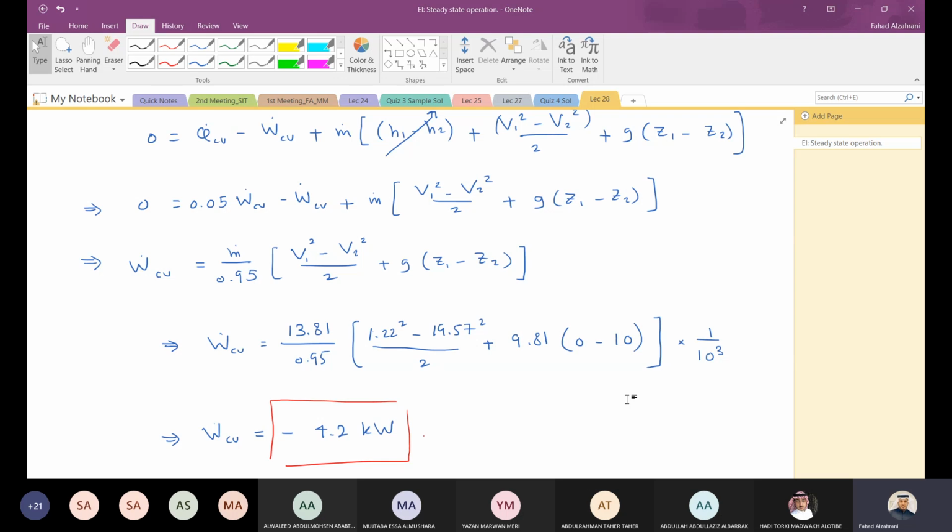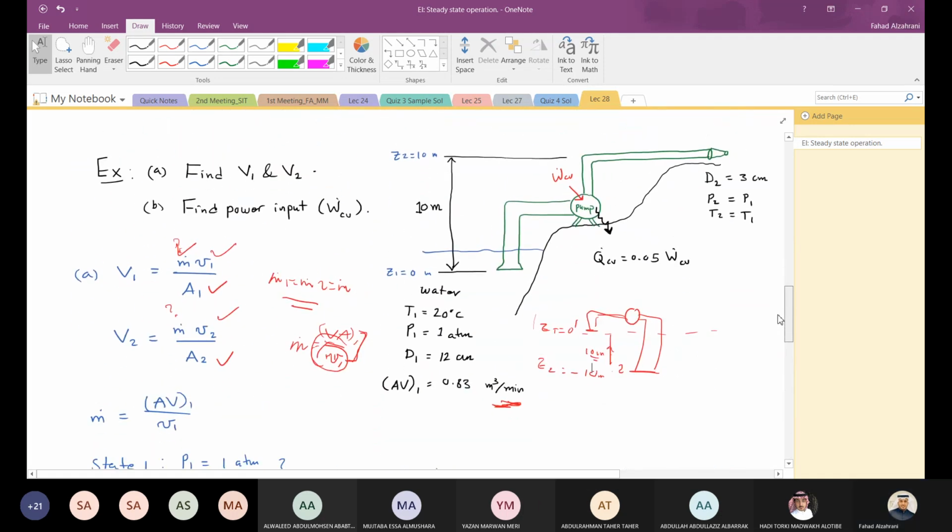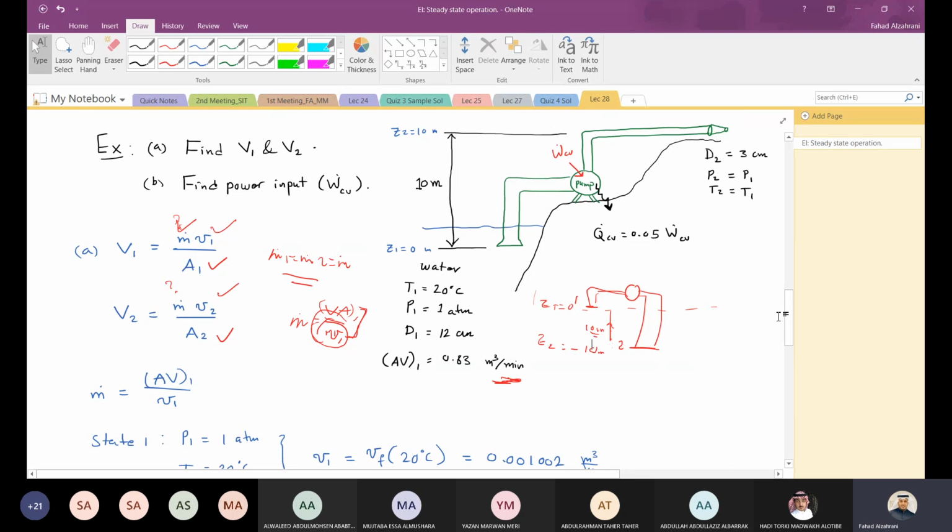Elevation above the ground is plus, elevation below is negative. And you need to use Z1 and Z2. Do not just use a difference. You might come across a problem like that, but in this case it will be wrong if you use just the value. Okay, any other questions?